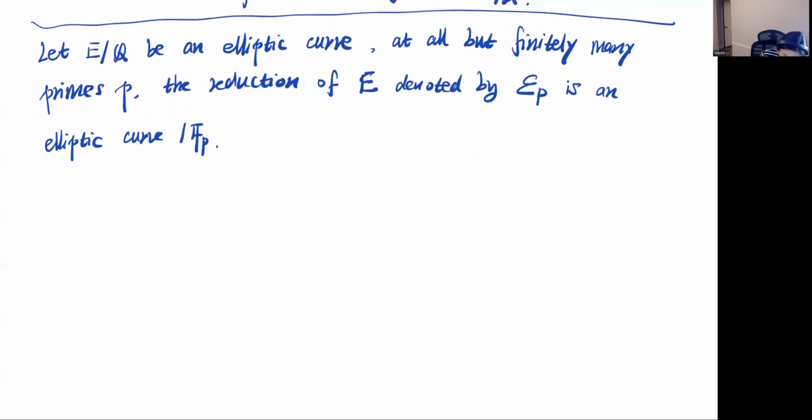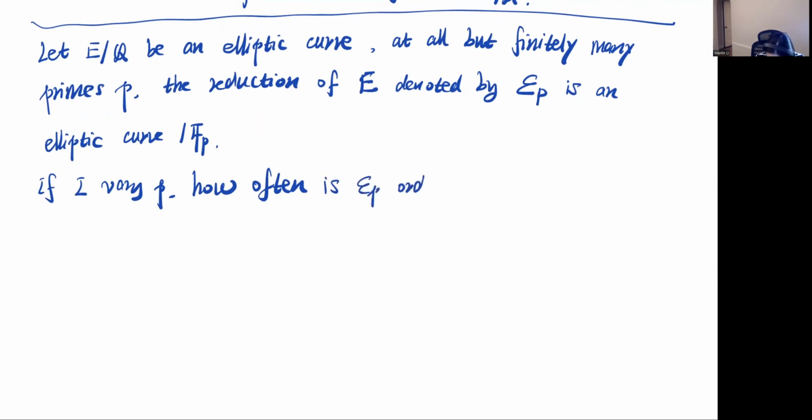So we want to ask, if I vary this prime p, at how many prime numbers p, how often is Ep ordinary? Or in other words, how often is Ep supersingular?